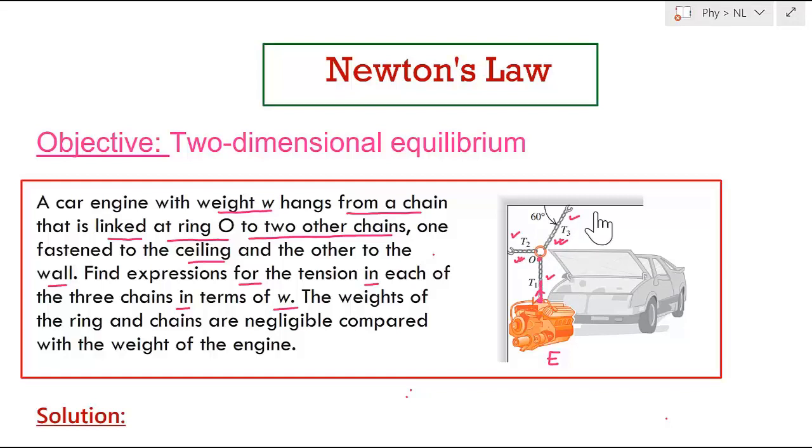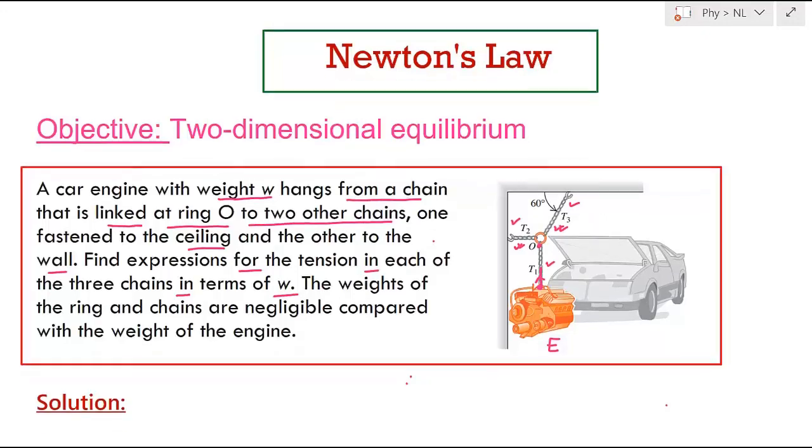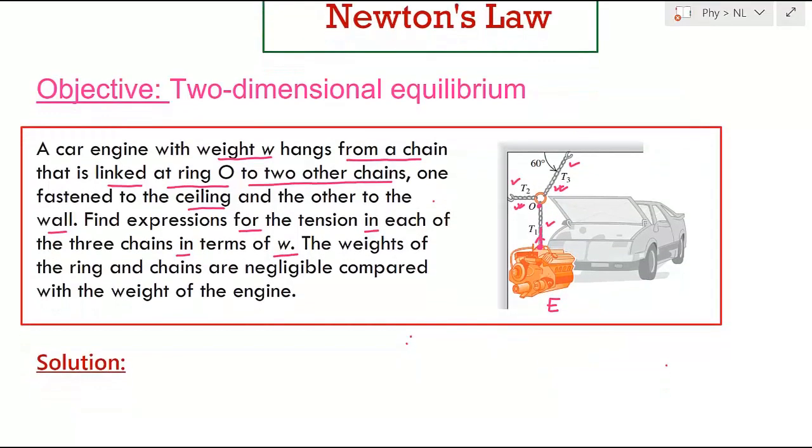So we have to find T1, T2, T3 in terms of W. So in this problem, what are the unknowns, that is, what are the target variables? So we have target variables T1, T2 and T3. So there are three target variables, three unknowns in this problem.